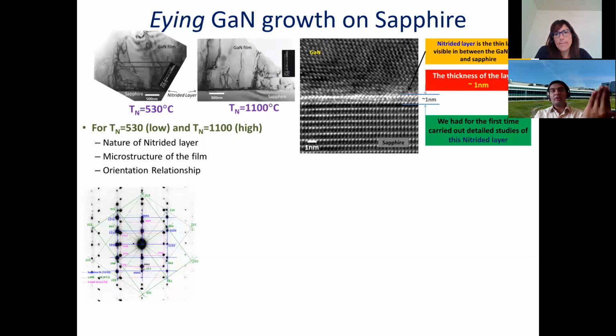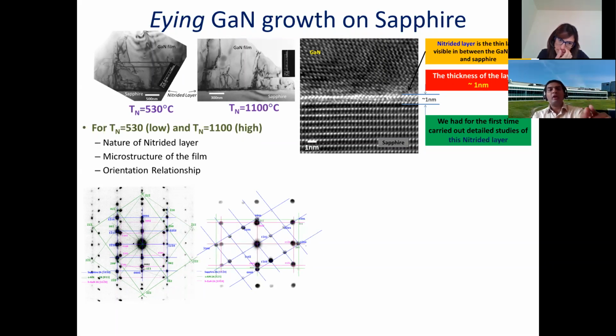Now if we tilt the sample by 30 degrees and acquire the diffraction pattern, what we observe are spots, and we can uniquely identify the spots which came from just the nitrided layer.